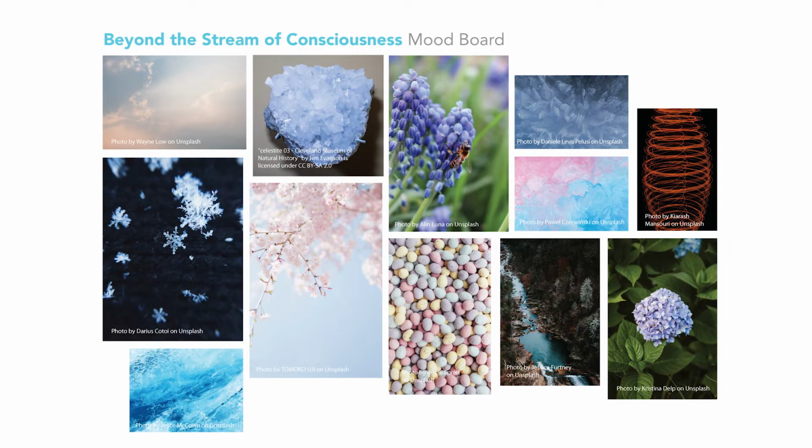So, to show a little bit of what I was inspired by, this is basically my mood board, and everything that was coming to the surface when looking at the Celestite stone. The Celestite stone had a lot of really interesting shapes within the stone that was crystallized.